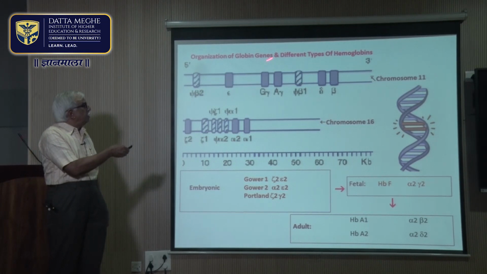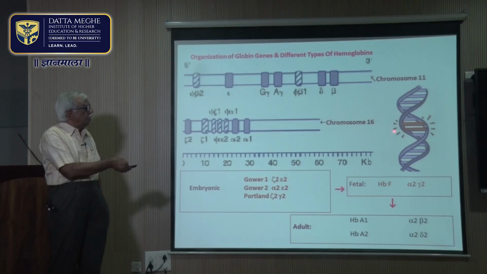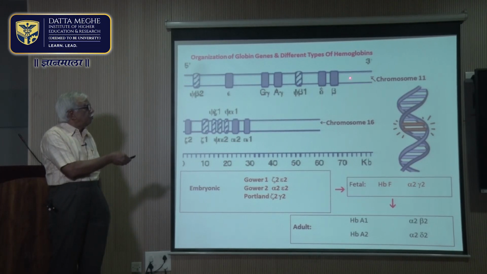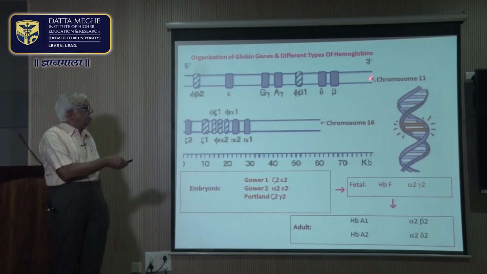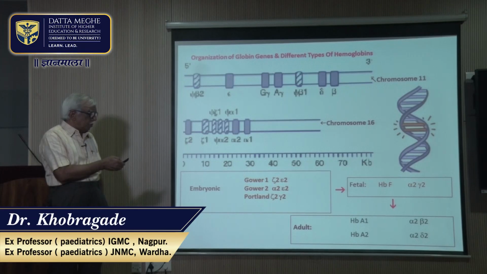Now, the sickle hemoglobin is related to chromosome number 11 abnormality, where the genetic locus responsible for the beta chain synthesis is located, and therefore, we get the sickle hemoglobin. Now, let us see in the subsequent slide.